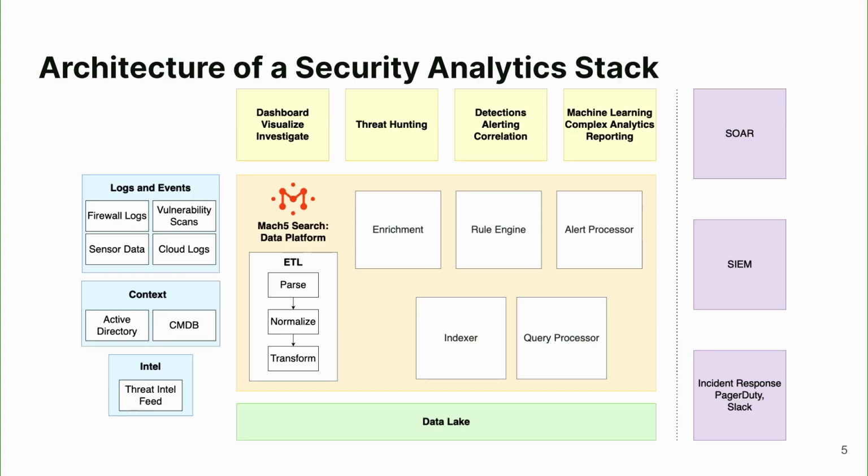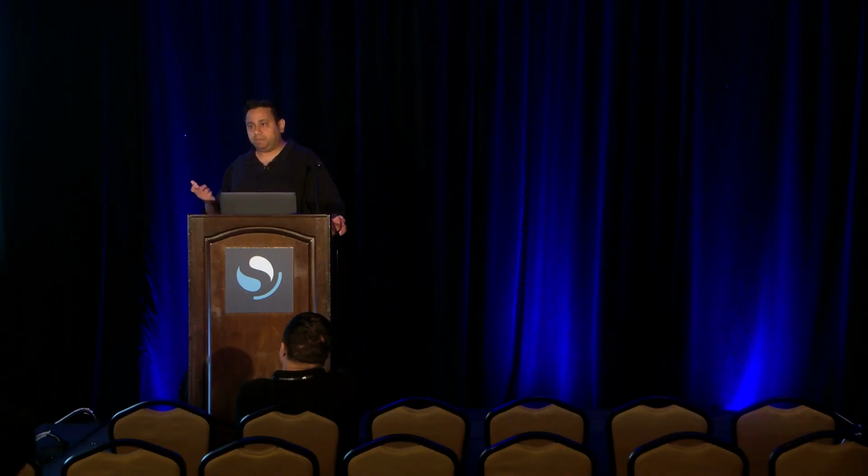There is enrichment. I talked about context. For example, if a log entry says an IP address connected to a file share in a particular directory and moved a document, it would be useful to know what that IP address means. Whose laptop is it, and so on.